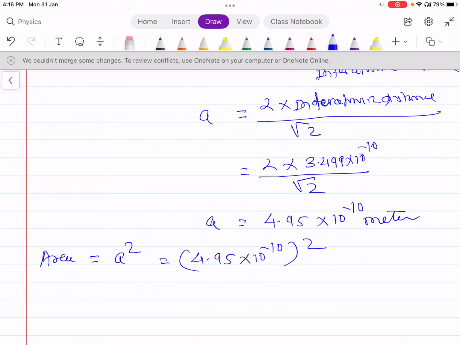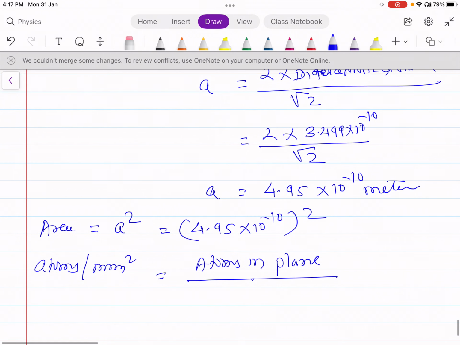This is the area. Then the number of atoms per millimeter square is equal to atoms in plane divided by area of the plane.